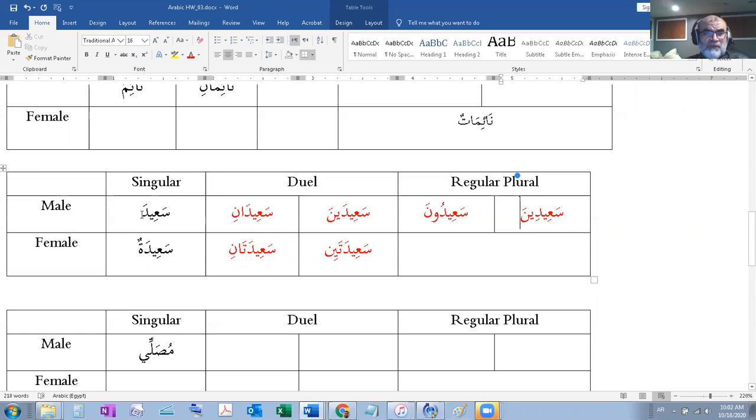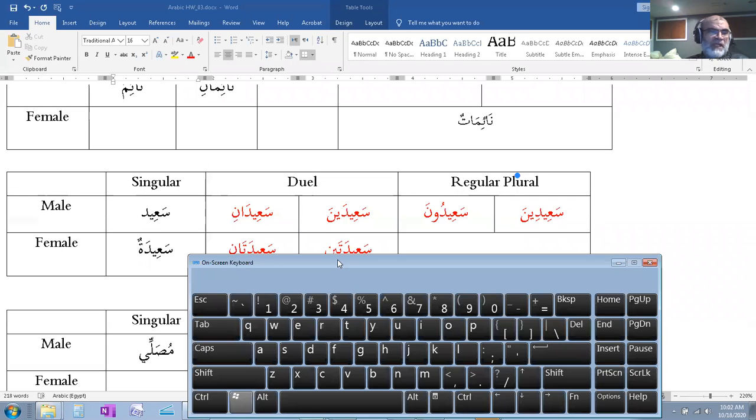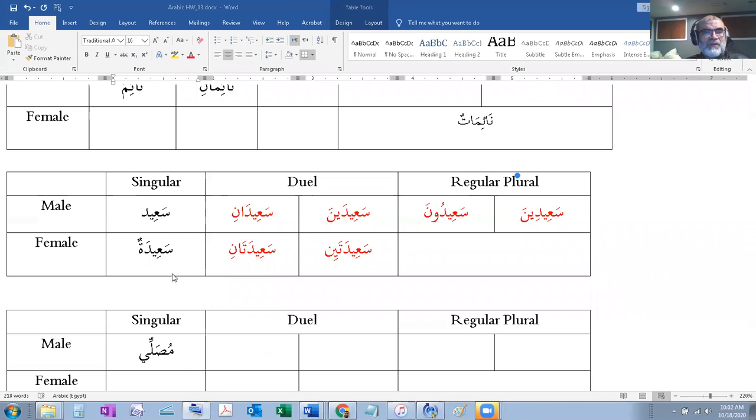The issue of sarf applies here because should I say sa'idun or sa'idu? If sarf is allowed, sarf is allowed for this. So it's sa'idun.